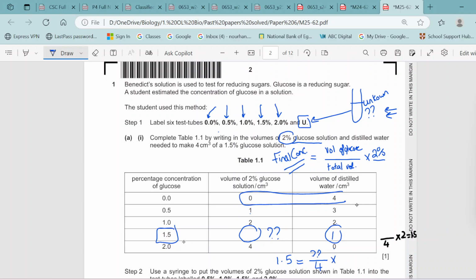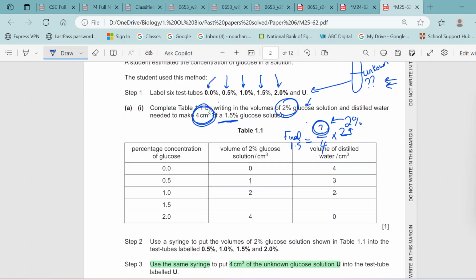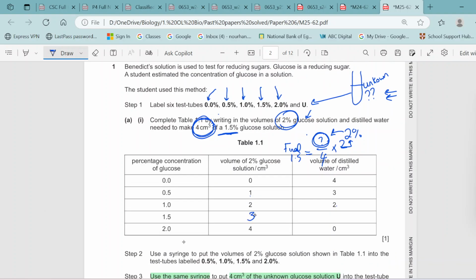What is the concentration that I already took from? 2%. Can I get this? Yes, I can. I'll put this here times 4 and then divided by 2. It will give me the number. Divided by 2. So we agreed that this will be 3 and this is 1.